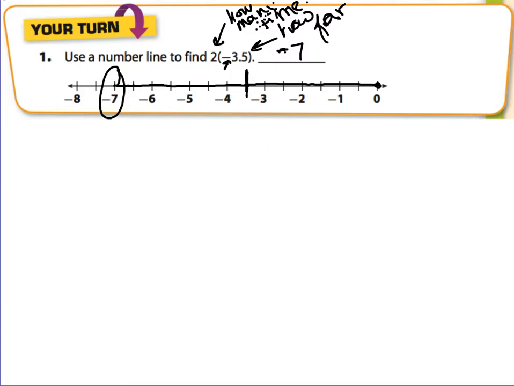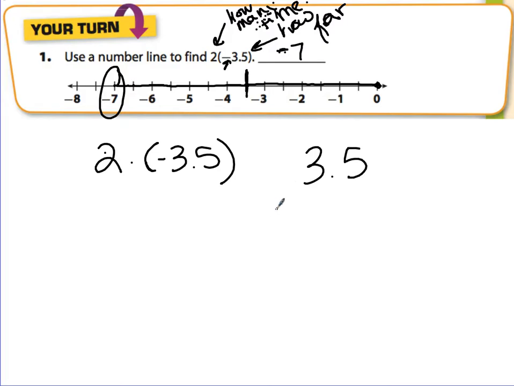But then remember, if I'm going to do 2 times negative 3.5, with multiplication, it doesn't matter which one goes on top. So since 3.5 is the longer number because it has more digits, I don't have to line up the decimal, okay? I multiply and I ignore the decimal.